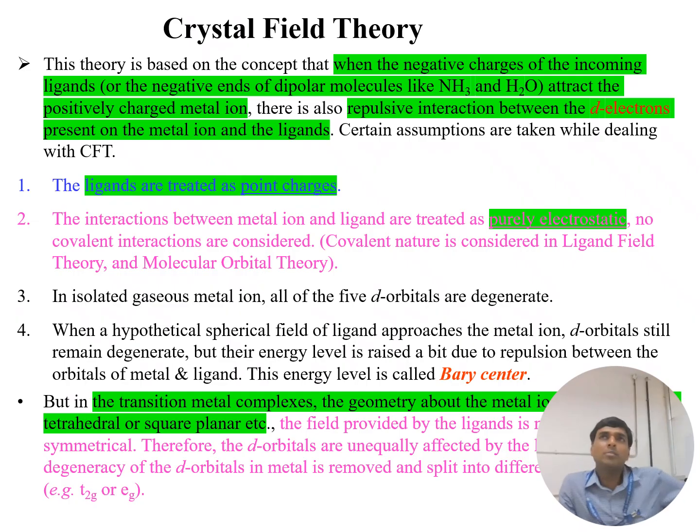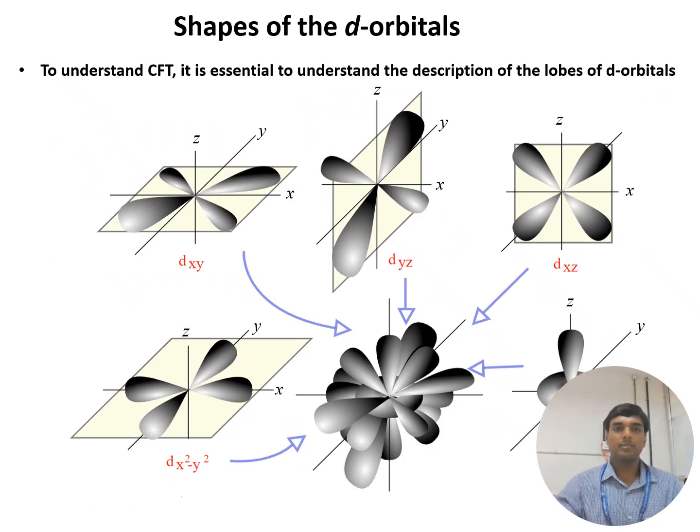So in the presence of the ligand, when complex formation occurs, d orbital splitting takes place, creating the t2g orbitals, the components in between the axes, and the eg orbitals, which are along the axes.